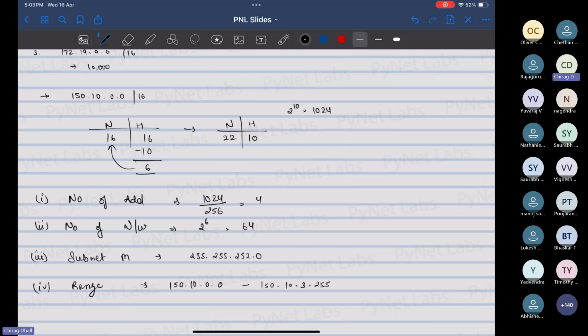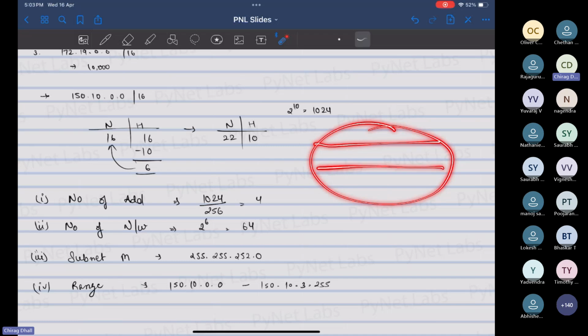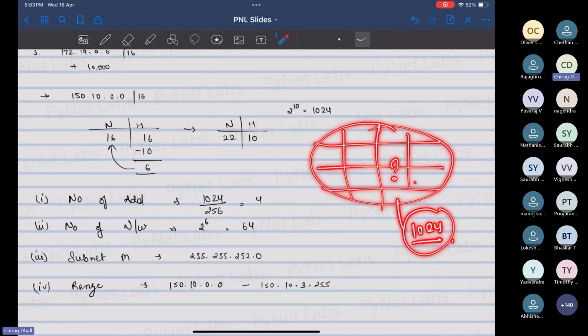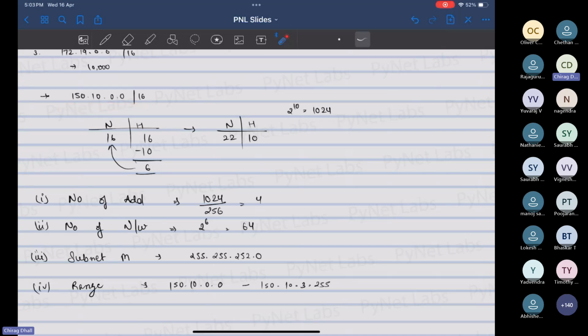Number of networks means how many networks will we get if I break down the bigger network into smaller parts having 1024 addresses. So if each part has 1024 addresses, how many parts will I get out of a class B network? I will get 64 such parts.